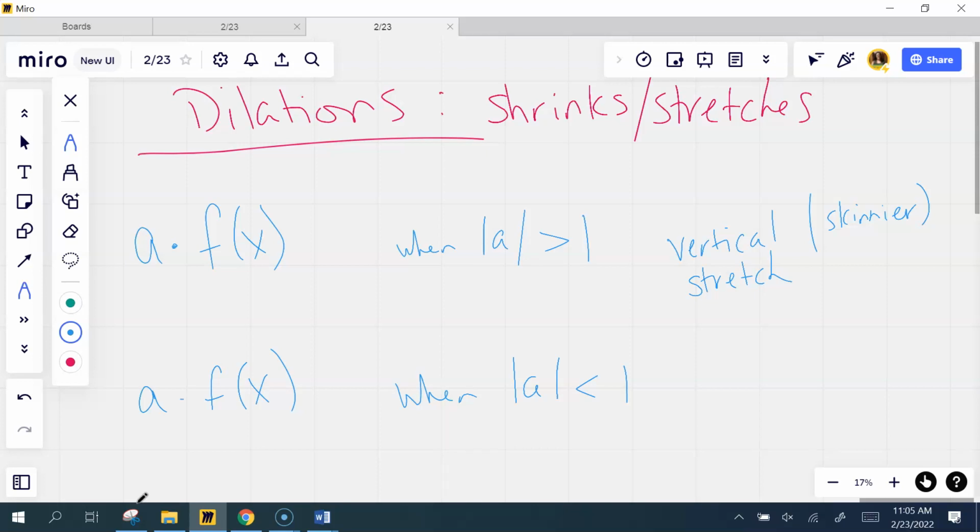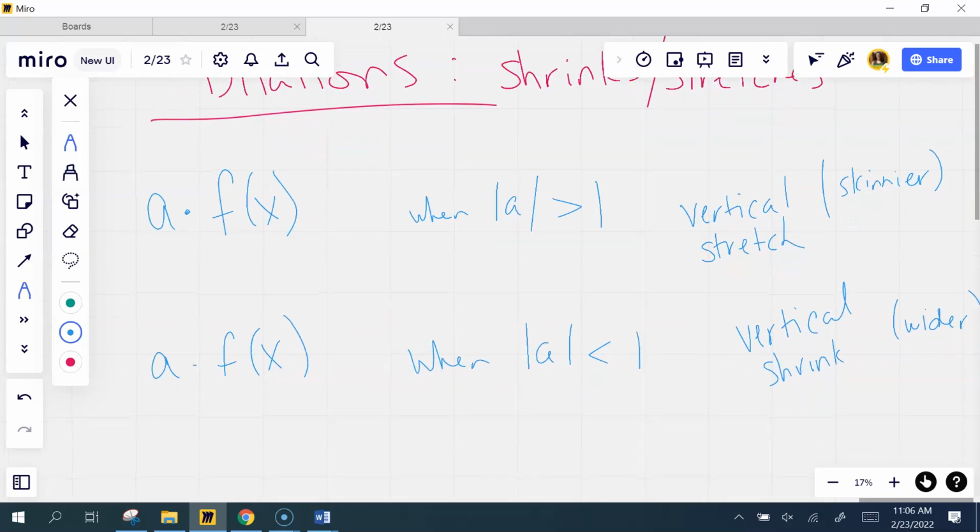So as that number gets smaller, what's happening to the graph? It's getting wider. So it's a vertical shrink, which produces a wider graph. If I just smushed it in. Everybody okay there?